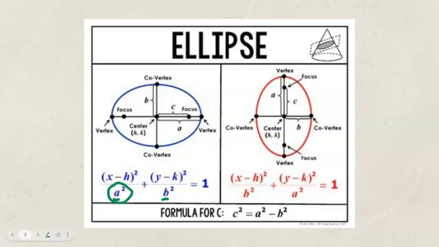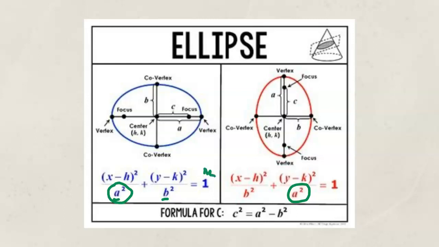If the bigger number is under the x coordinate, then your ellipse is going to be longer in the x direction. Your major axis will be parallel to the x-axis. And if your larger number is under the y-coordinate, then your major axis will be parallel to the y-axis. So that would be a long, skinny ellipse.